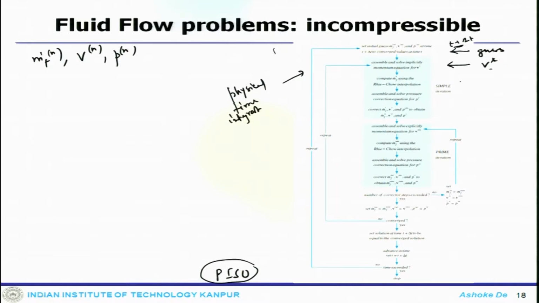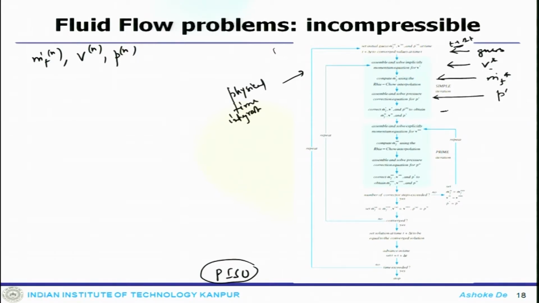Then you compute here the m dot f star using Rhie-Chow interpolation. After that, at this step you collect everything and solve for pressure corrections.